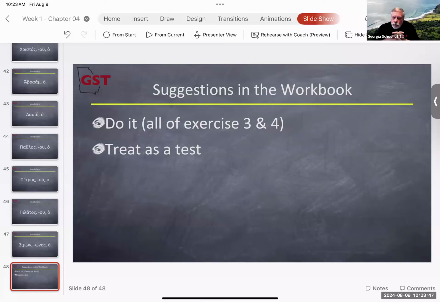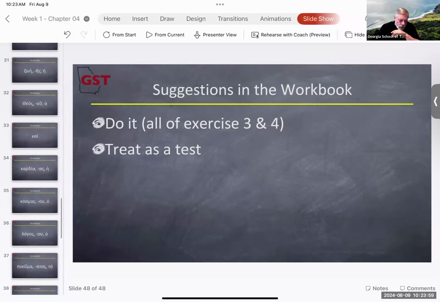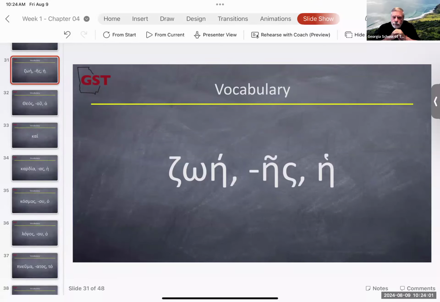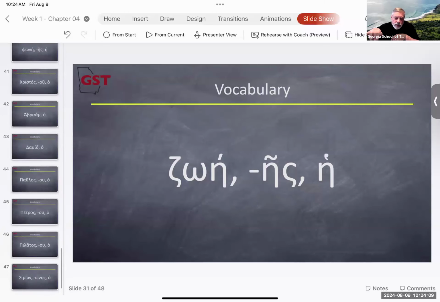Next week on Tuesday we'll do nouns. We'll start looking at grammar and nouns, the article and some other things, and give meaning to all of that.